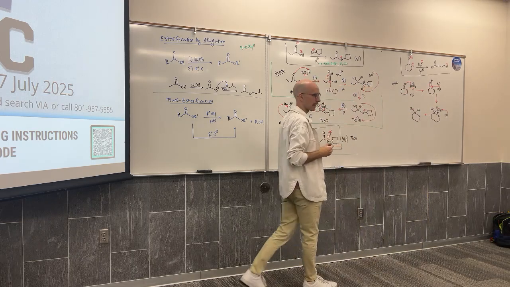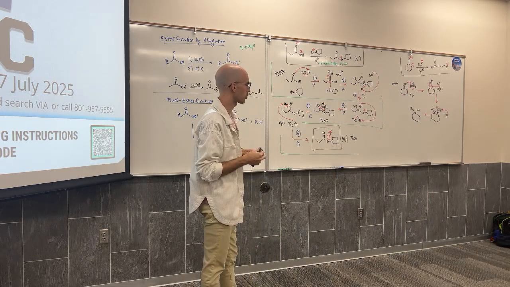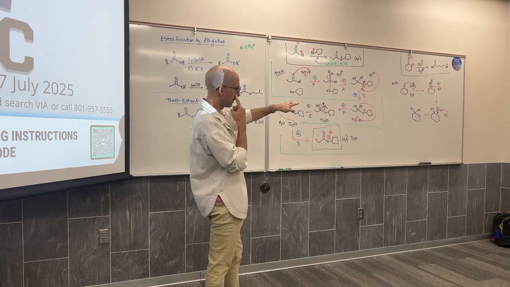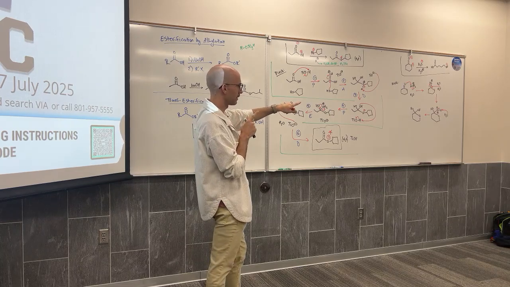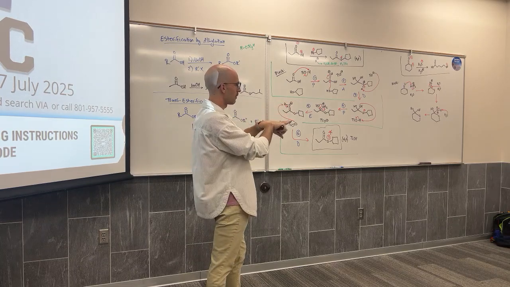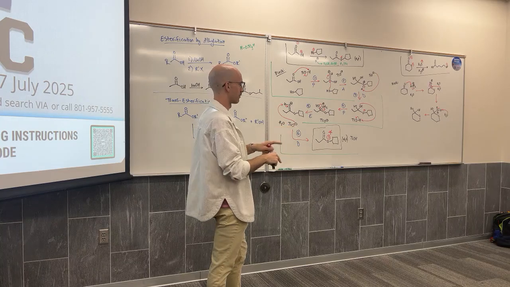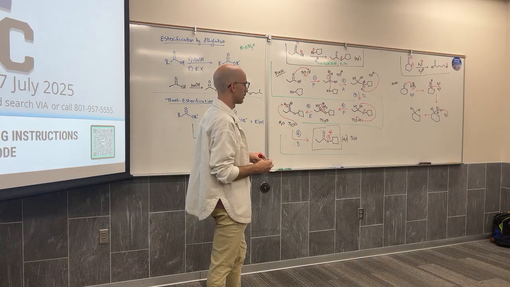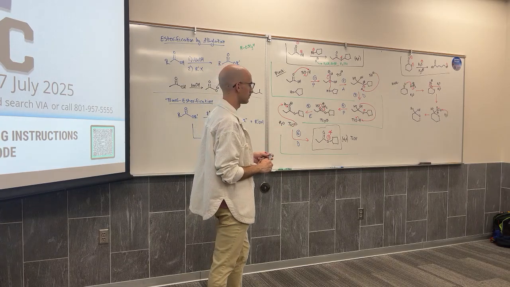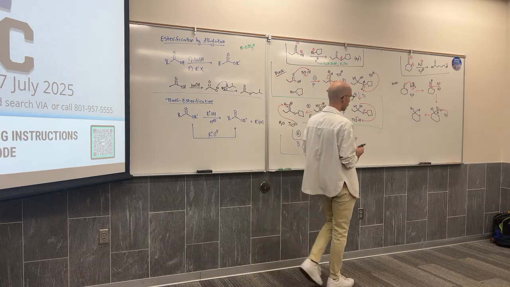Now you guys know I like coming up with funny little names for functional groups. And what we've got in this intermediate is a geminal diol ether. I don't have a name for it, but I think it's cool.